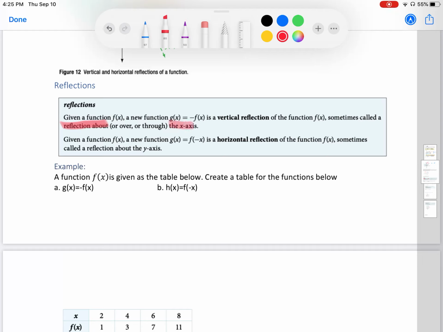Given a function f of x, a new function g of x equals f of negative x is a horizontal reflection of the function, sometimes called a reflection about the y-axis. More commonly, I think we'll see a vertical reflection, but horizontal reflections also happen. This is just taking our points and changing them over.